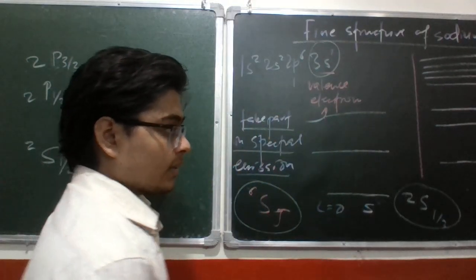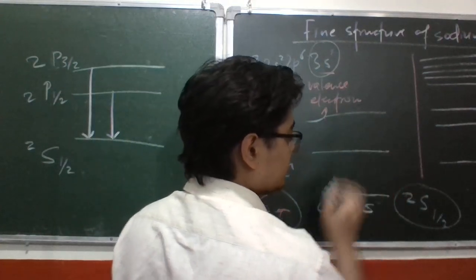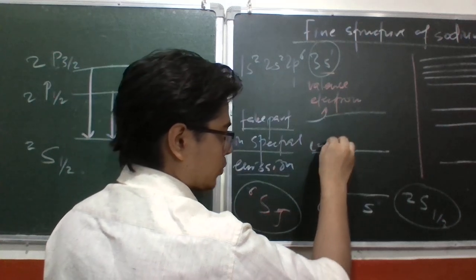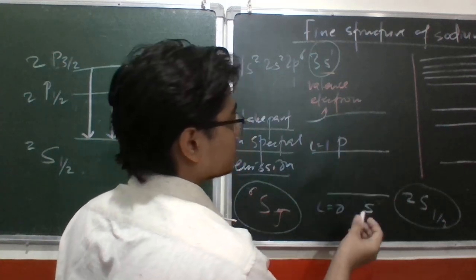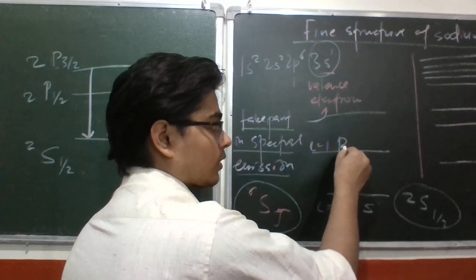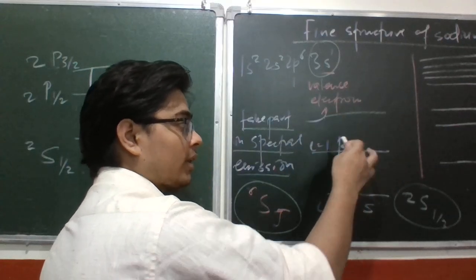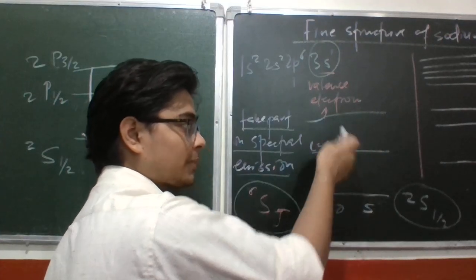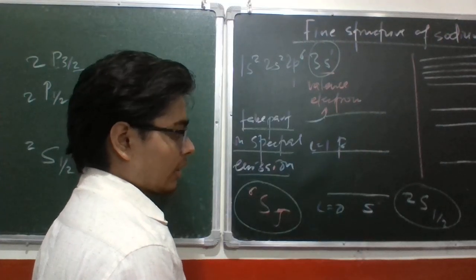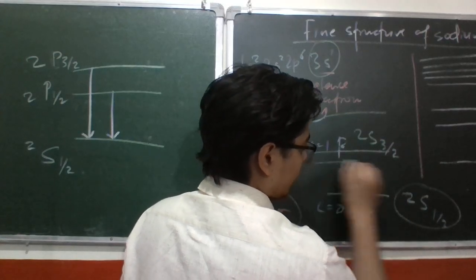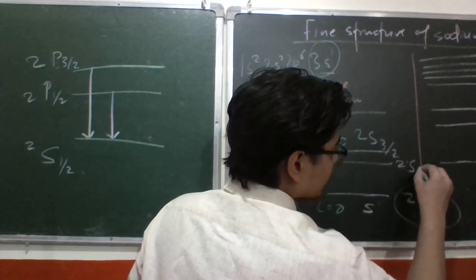this component. And here, if I put the value of maybe L equals 1 for the p subshell, let's suppose the electron went to the p subshell, then if I want to show that spectral line, I would write it as 2P 3/2, or I would have 2P 1/2.